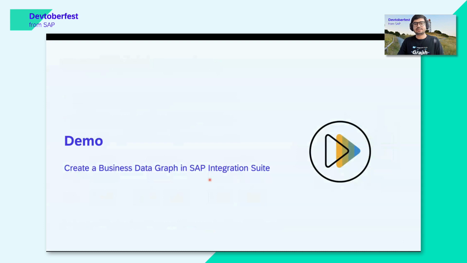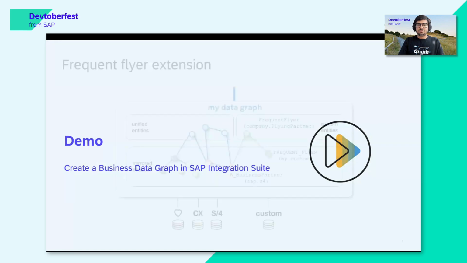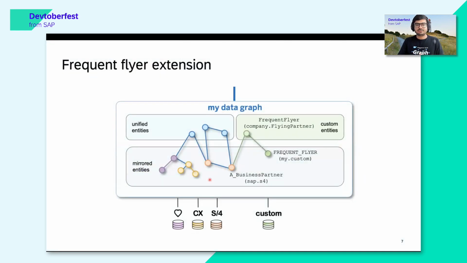So let's consider an example that you are an airline company and you have some business partners, and you have the database of frequent flyers. And we need to create now a custom entity which will represent the name of the business partner, the cities, and also the frequent flyer information in a single business data graph. So this is the example that I was talking about.